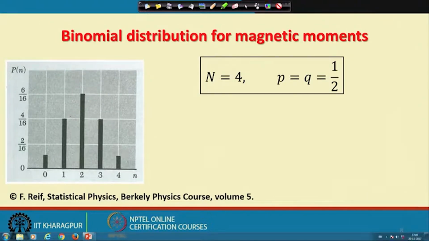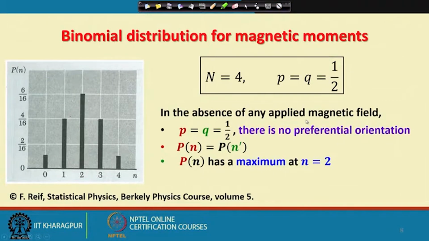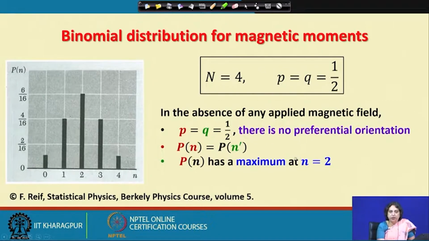So, here, the major conclusions from this slide are as follows. In the absence of any magnetic field, there would be no preferential orientation. Therefore, the probability of a given spin-half particle having an up spin or a down spin will be the same, and this value is equal to half.